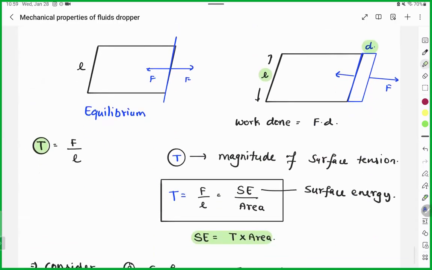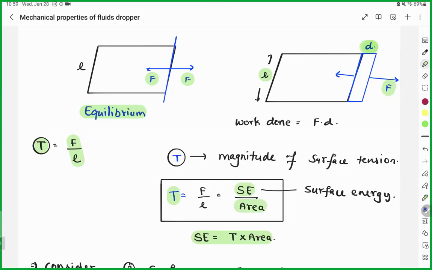After this, if you take a film and it is in equilibrium, the outer force and internal force will be the same, net force will be 0. There is no movement. But if there is a proper force responsible for some displacement, surface tension is equal to force per unit length, and surface tension is also equal to surface energy per unit area.